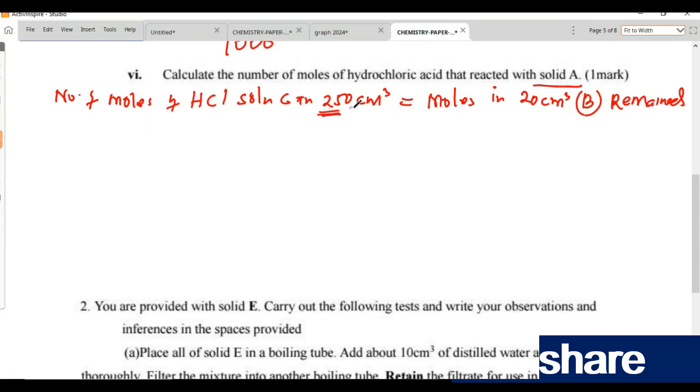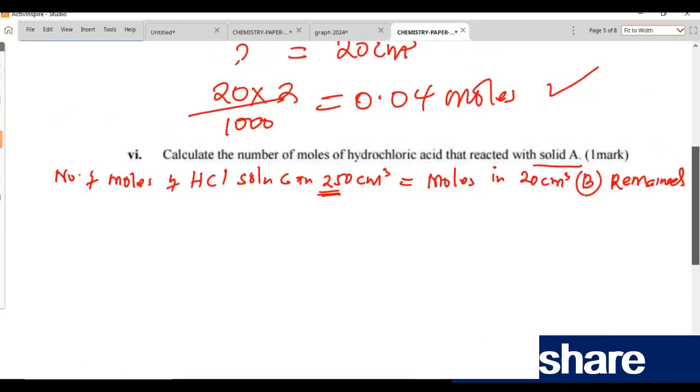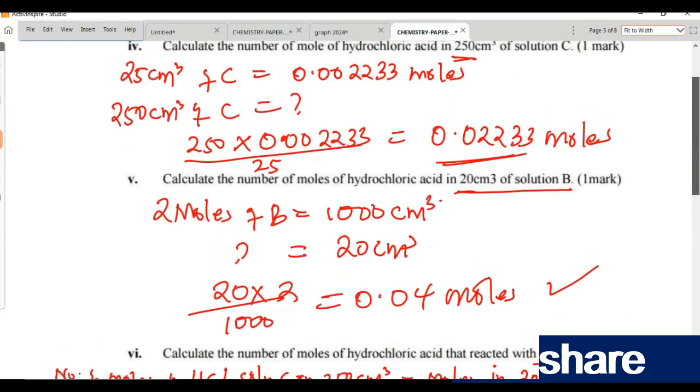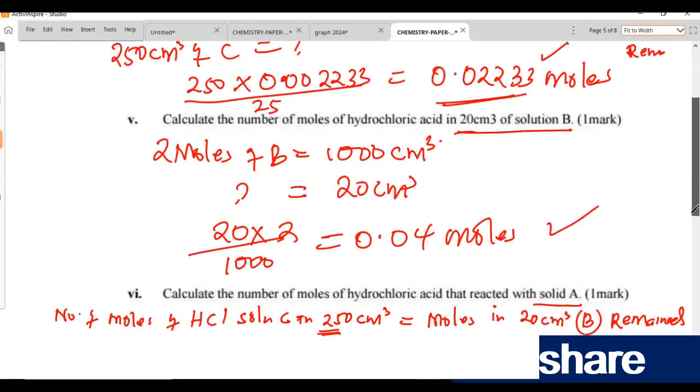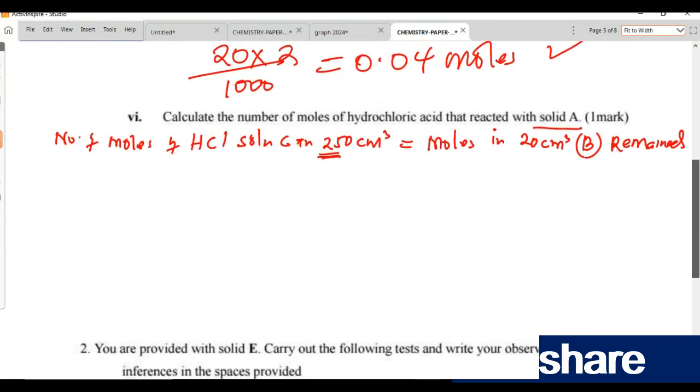We know the number of moles in this, so that is what we have got here in 250. So this is the number of moles in 250 solution C. So this moles is equal to 20 centimeters cube solution B that remained. This number of moles is the same because molarity, number of moles does not change.